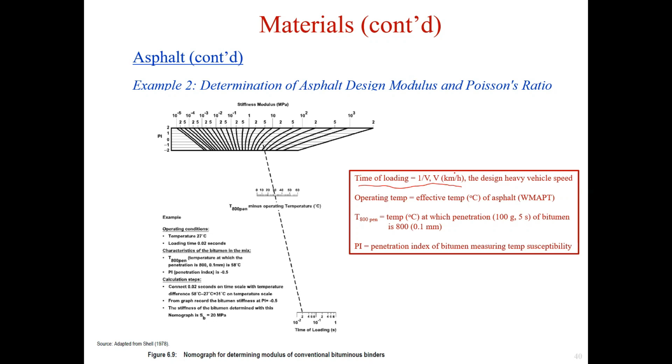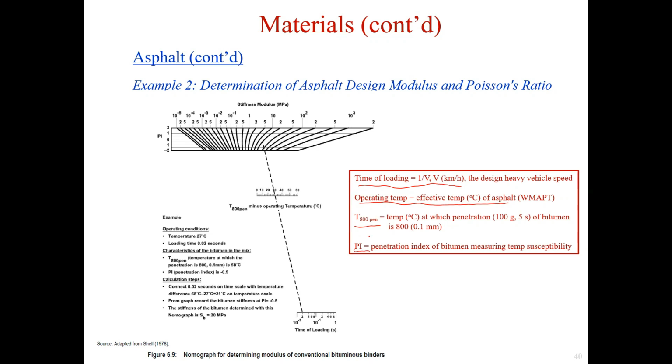The operating temperature is equal to the effective temperature of asphalt, WMAPT, and T800 PEN is the temperature at which the penetration of bitumen is 800, or 0.1 millimeter. Finally, the PI is the penetration index of bitumen, measuring temperature susceptibility.